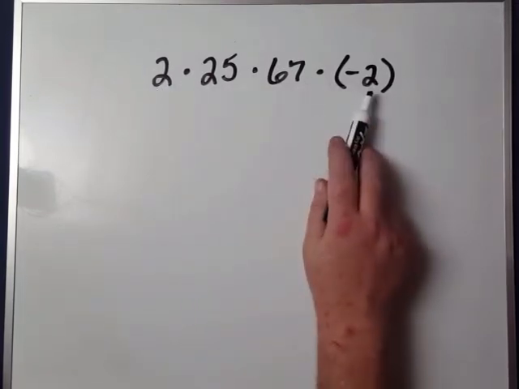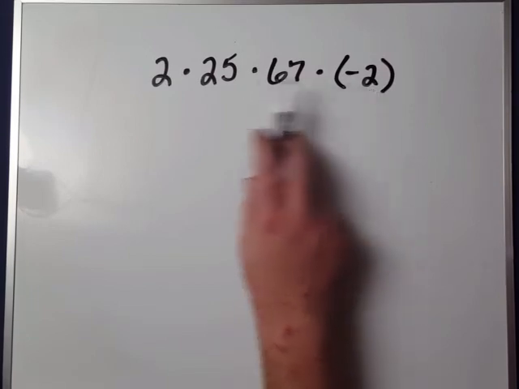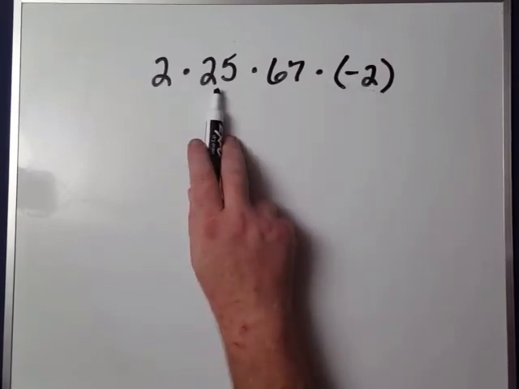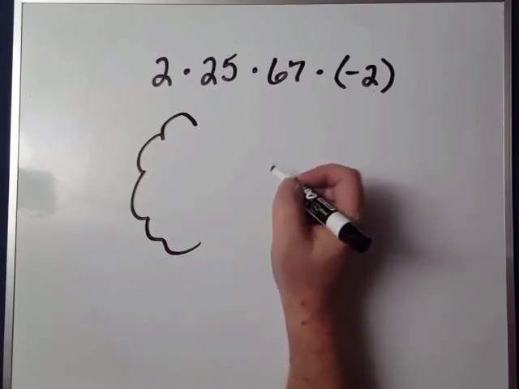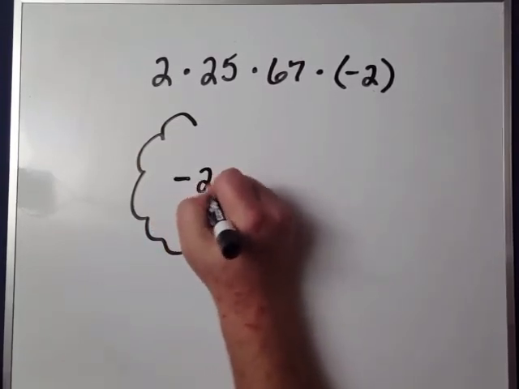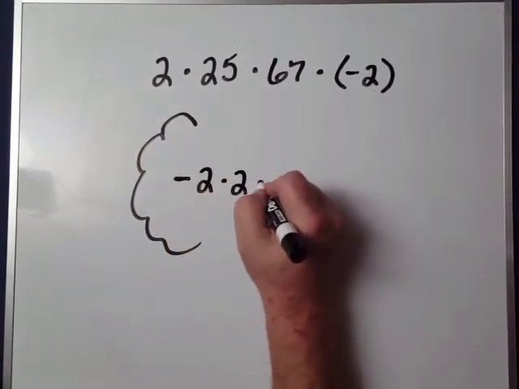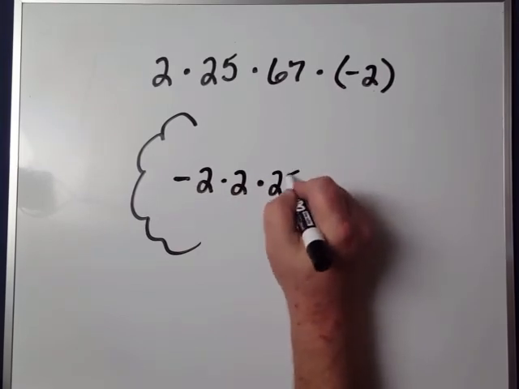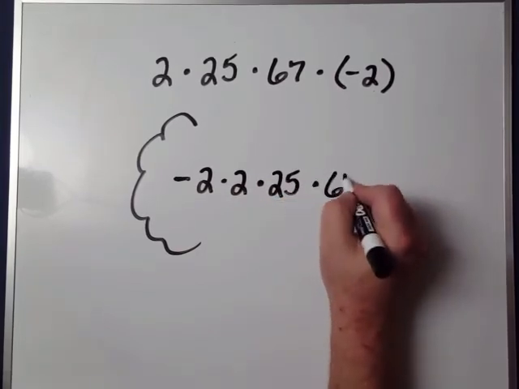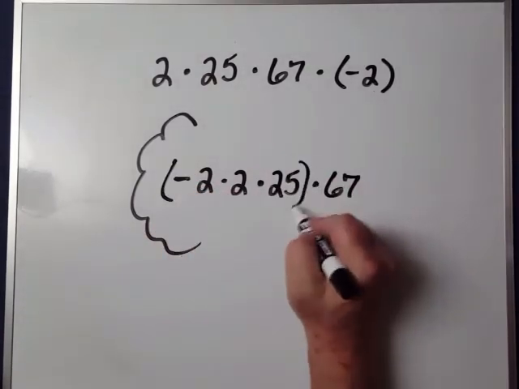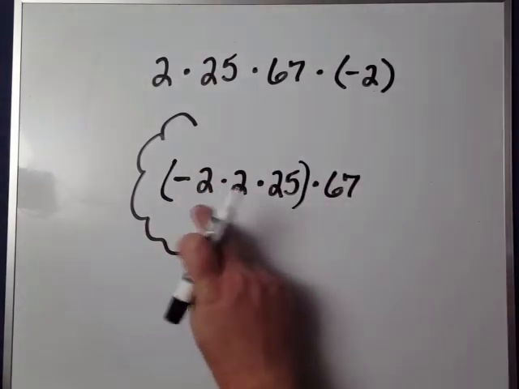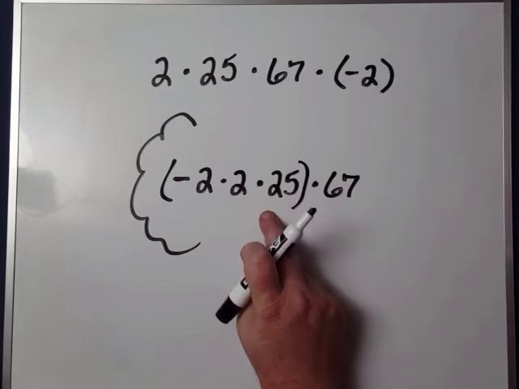And I see these 2's. 2 times 2 is 4 times 25 is 100. So in my head, I am rearranging, so there's my commutative property at work, and I'm determined to do these 3 factors first. There's my associative property at work.